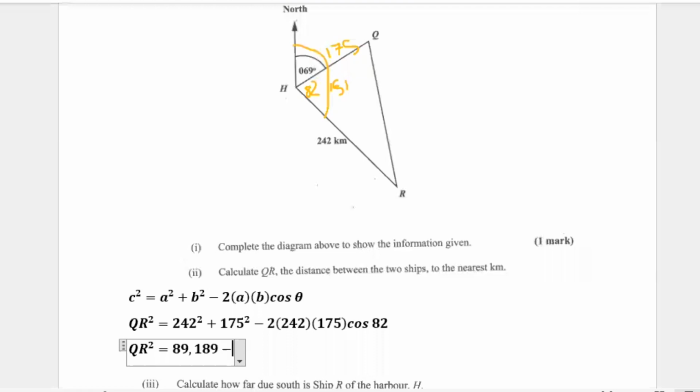So you have 2 multiplied by 242 multiplied by 175 multiplied by cos 82. And what do you get when you do that? Put in everything as one in your calculator, and what do you get?